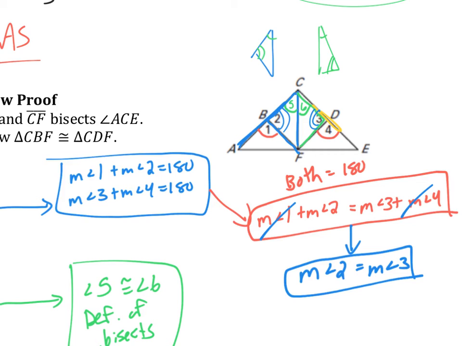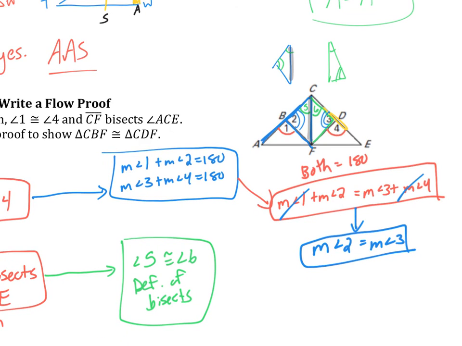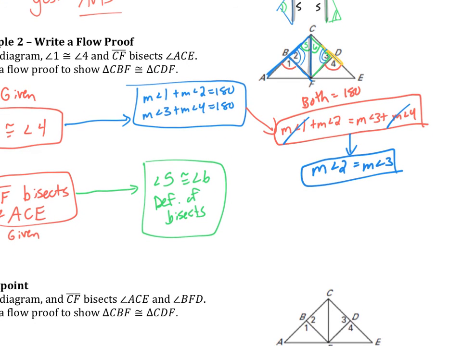And then last thing we're going to say is this side right here, CF, is equal to itself. CF is in both triangles. So that will be a side that's congruent. So I'm going to say CF equals CF.